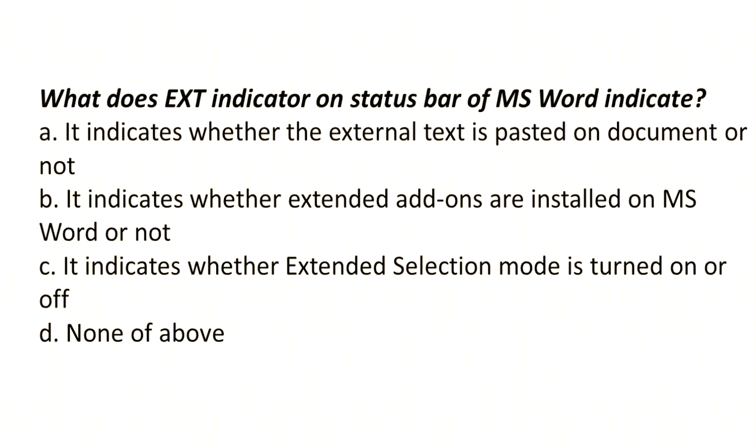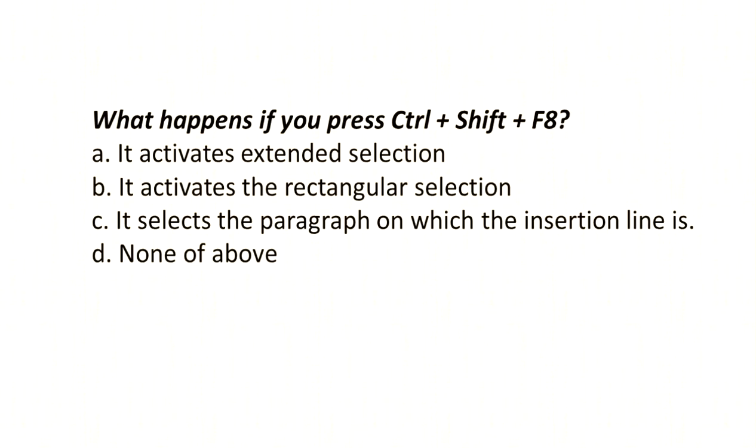Next, what does the EXT indicator on status bar of MS Word indicate? Answer is it indicates whether extended selection mode is turned on or off. Next, what happens if you press Ctrl plus Shift plus F8? Answer is it activates the rectangular selection.